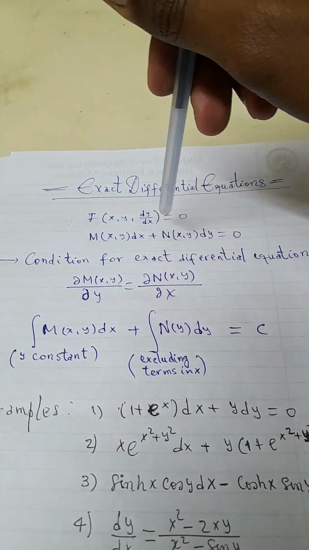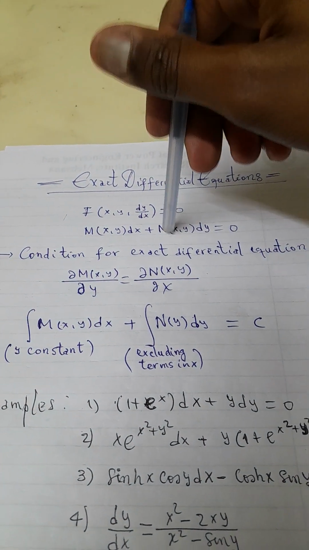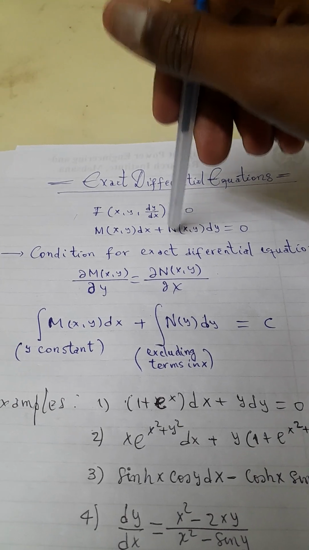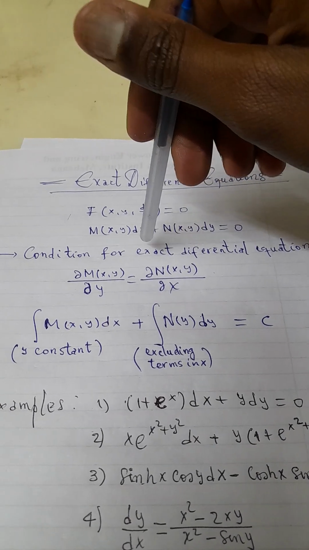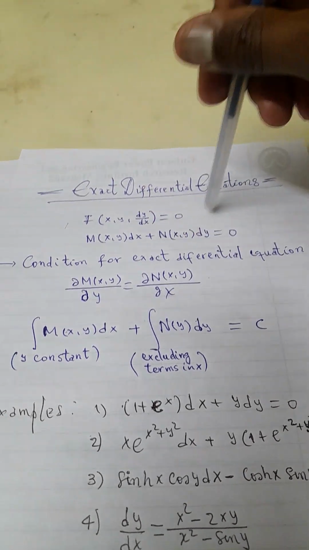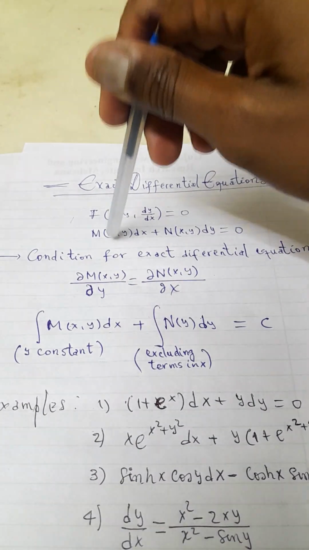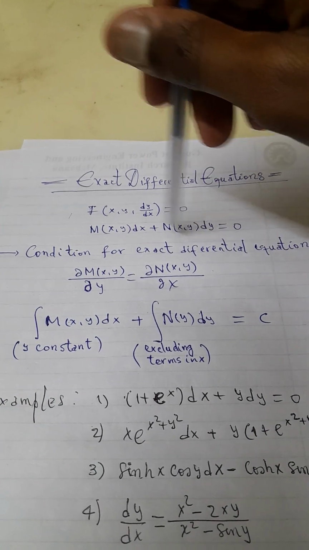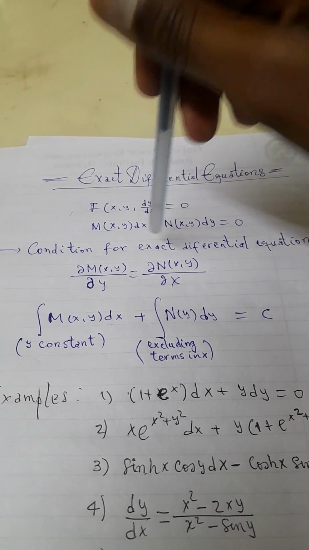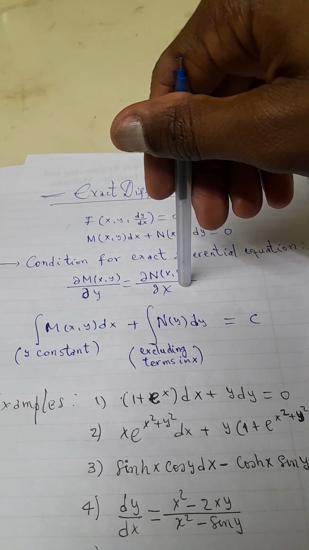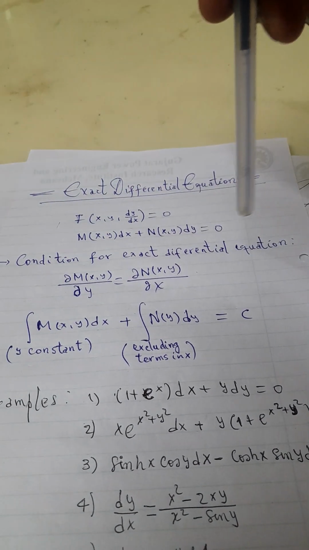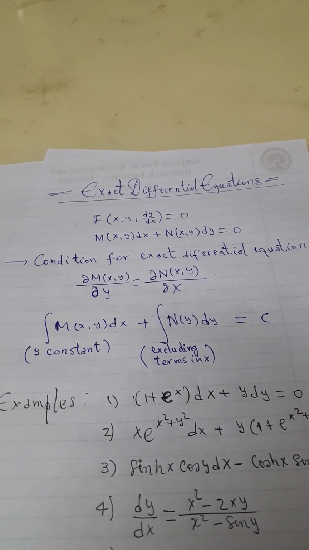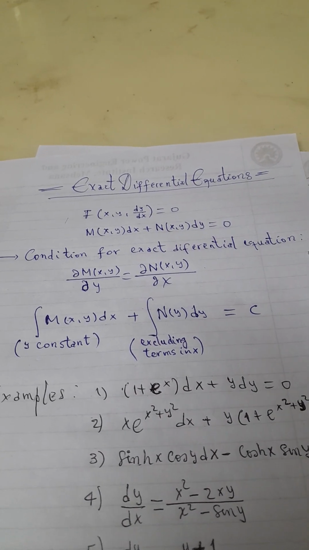And we also have to find the partial derivative of N of x, y with respect to x. This partial derivative of M with respect to y and of N with respect to x must be equal. This is the main condition for a differential equation to be considered an exact differential equation.